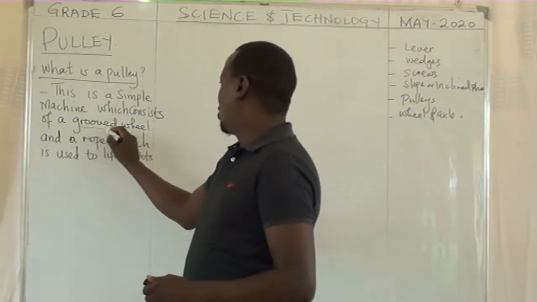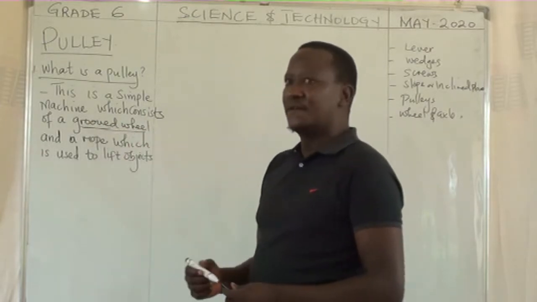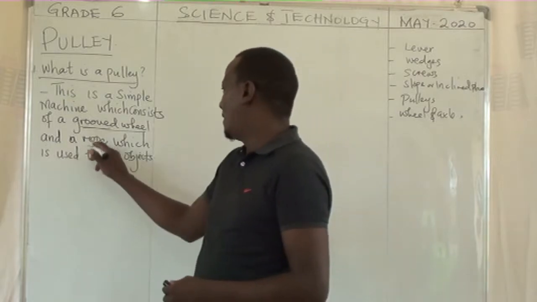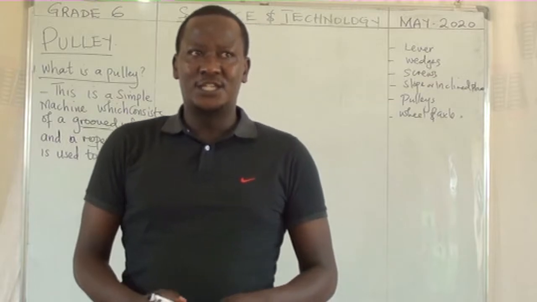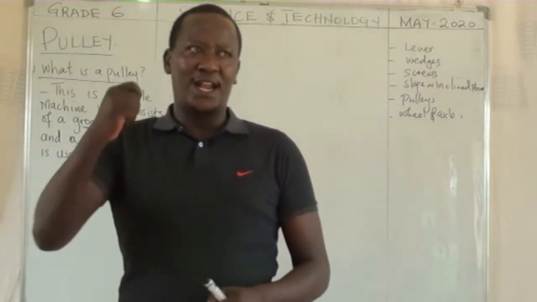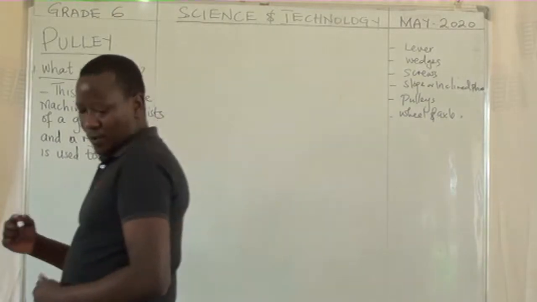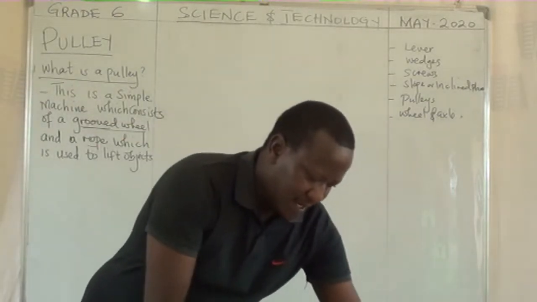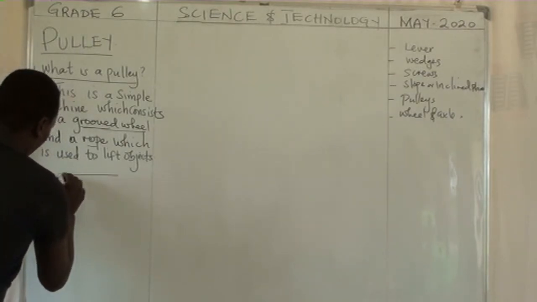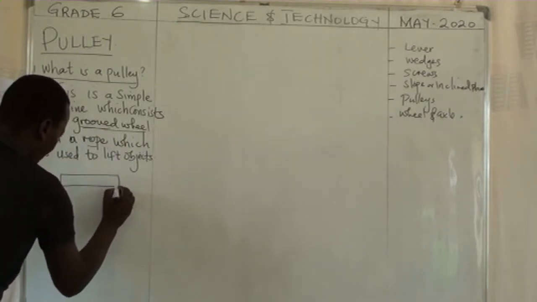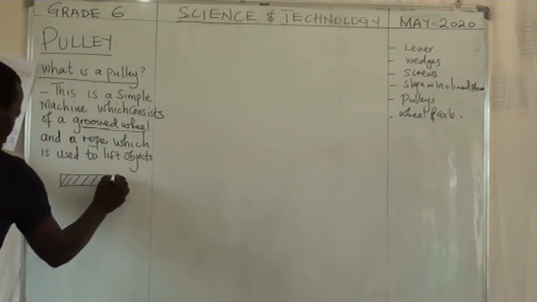On that grooved part of the wheel we'll have a rope or a chain, whereby it is going to move when you are lifting the objects. We can have a diagram here of an example of a pulley, whereby you are going to see the wheel I'm talking about and the rope I'm talking about.